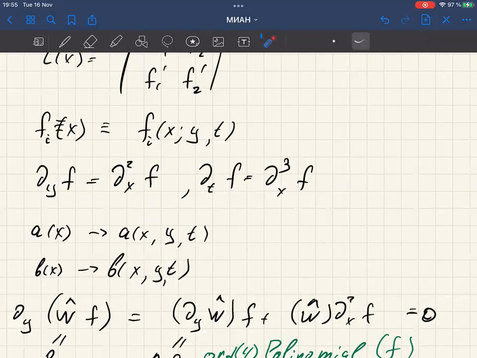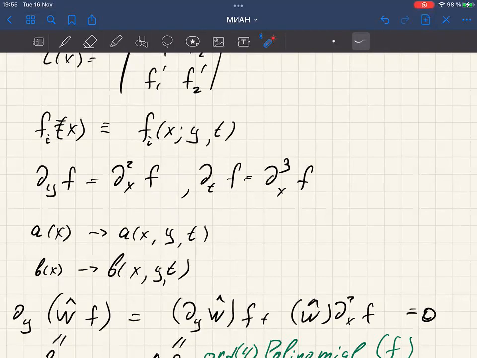Okay, so this is your requirement. Yes, this is for my solution, and this requirement, as I understand, implies these partial differential equations for A and B. Yes.